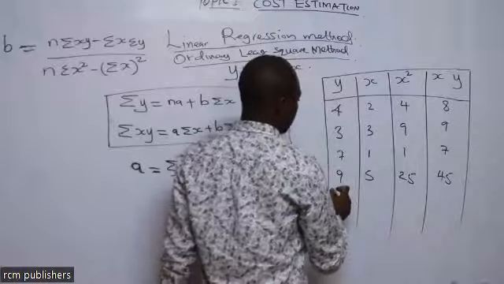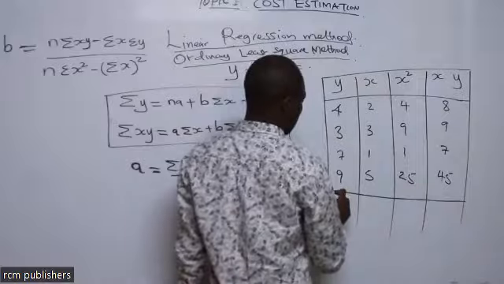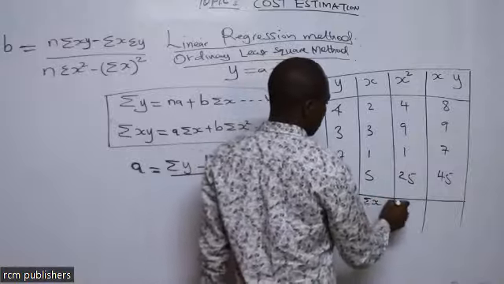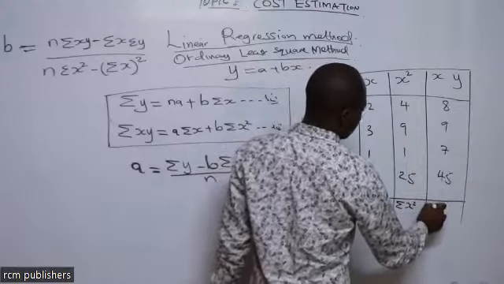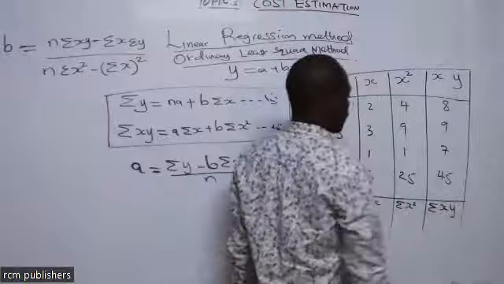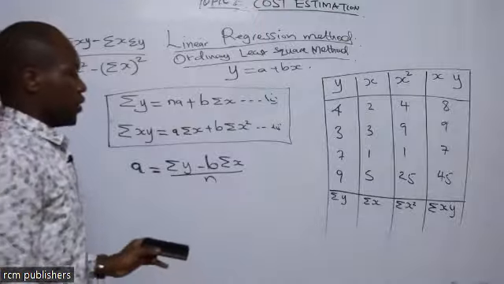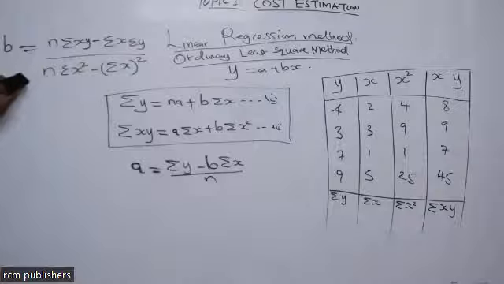Then down here, we now get the summation. So here is summation of Y, summation of X, summation of X squared, summation of X, Y. That is it. So in our formula, I want us to insert them into these formulas and see.